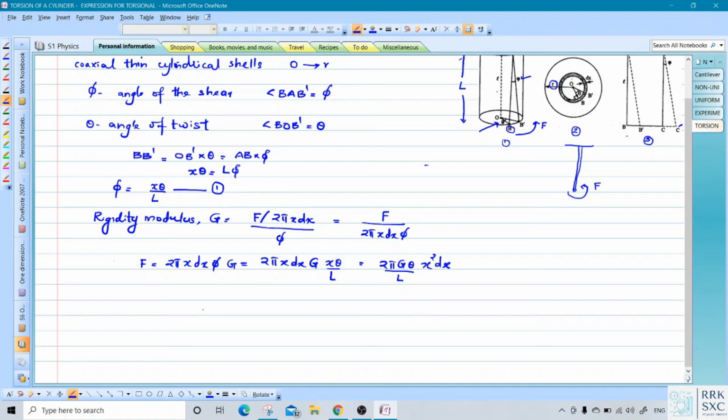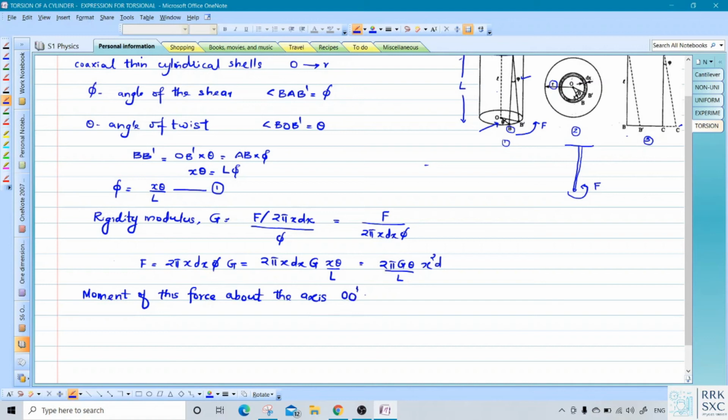Then if you have the force, you can easily write the moment of the force. So the next step is the moment of this force about the axis OO dash.